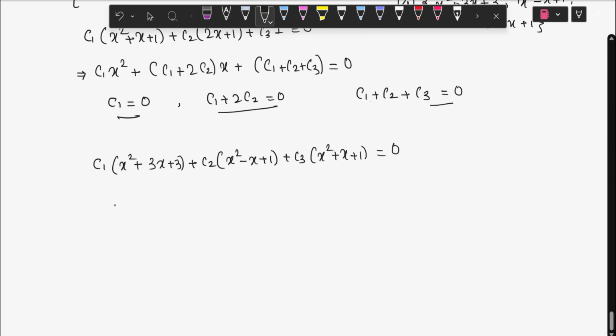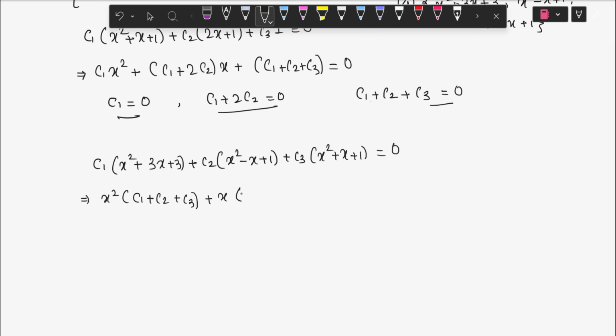So if we take x square common, we have c1 plus c2 plus c3. If I take x common, I have 3c1 minus c2 plus c3, and then the constant term 3c1 plus c2 plus c3. This is equal to 0.